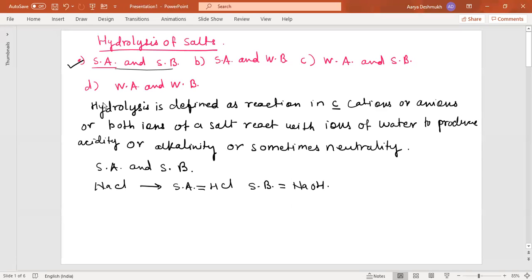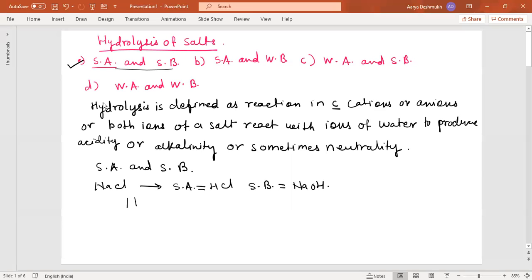Isn't it? Now the ions, sodium ions and chloride ions, have no tendency to react with water because the possible products, NaOH and HCl, of such reactions are strong electrolytes and they dissolve completely in aqueous solution.